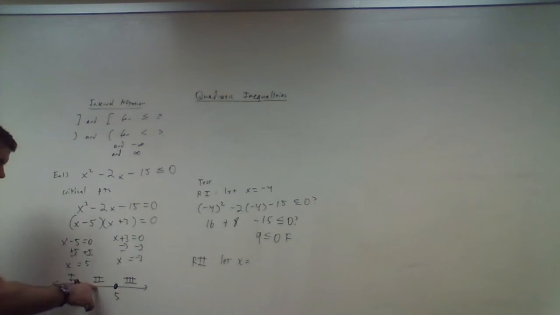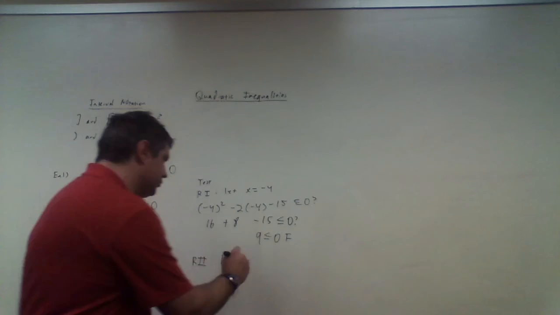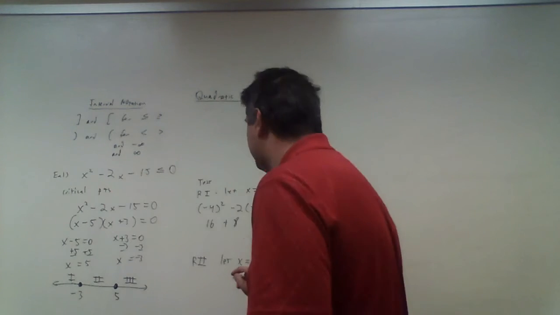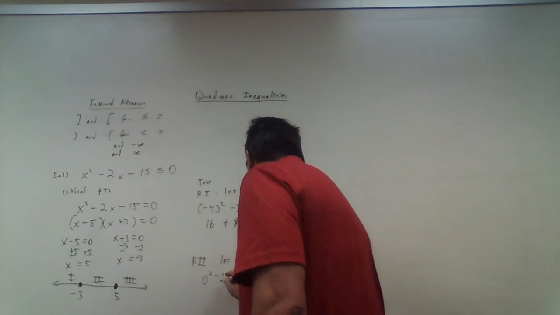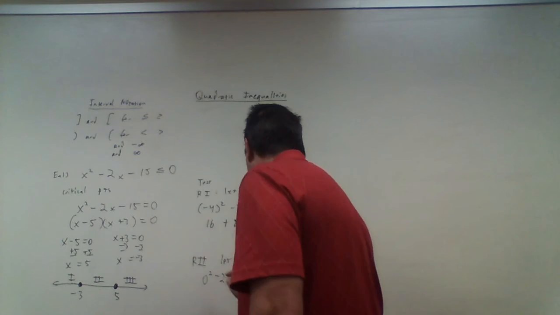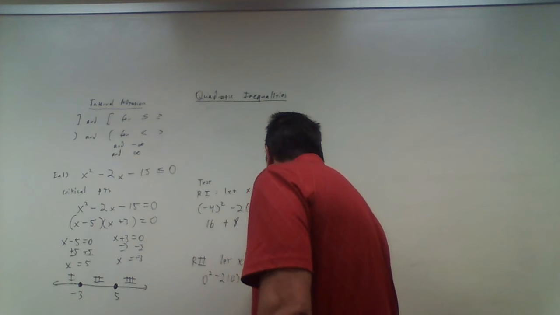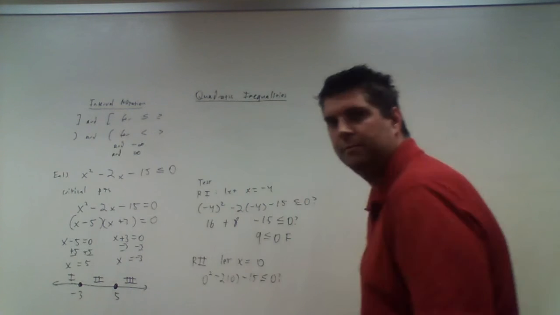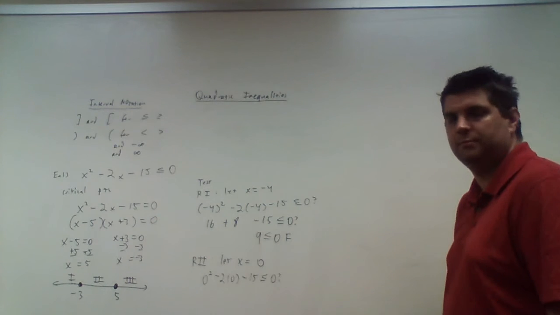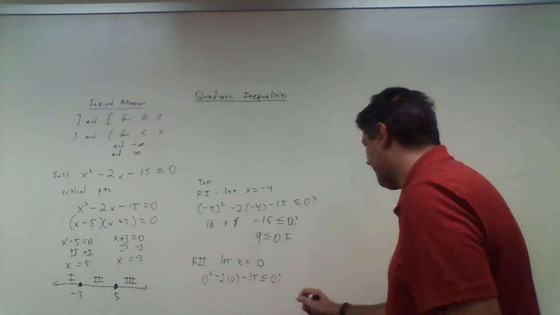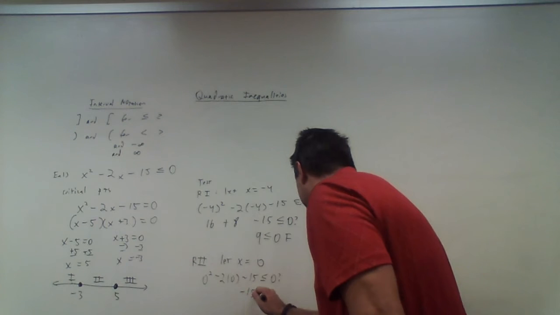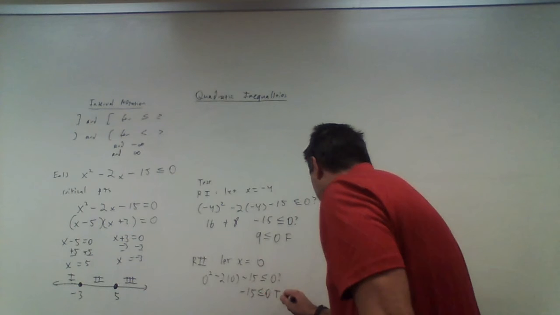I choose 0 because it's in the region and it's easiest to use. So I want to know if 0 squared minus 2 times 0 minus 15 really is less than or equal to 0. 0, 0, negative 15. That's true.